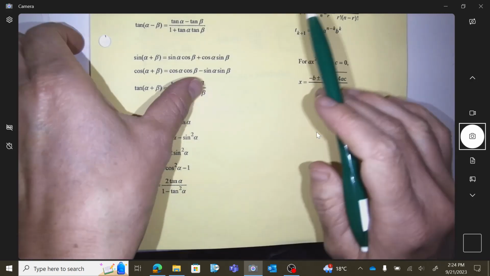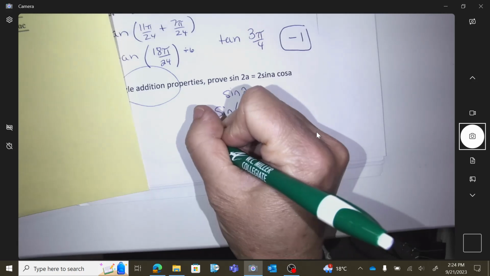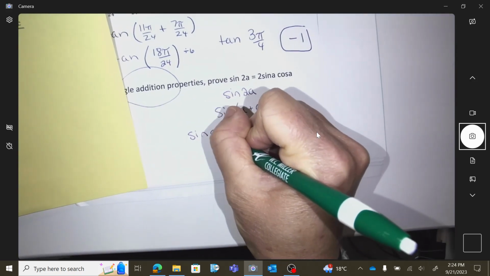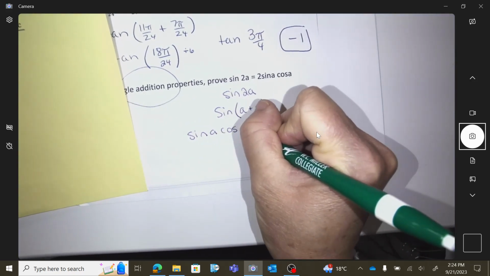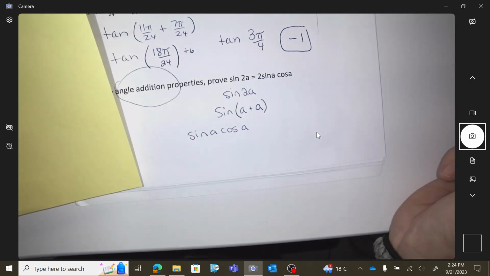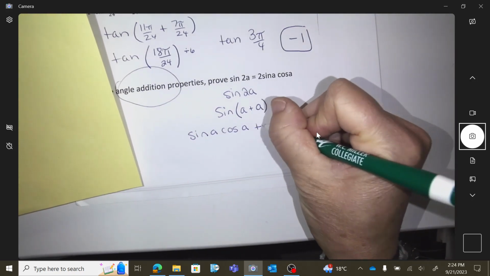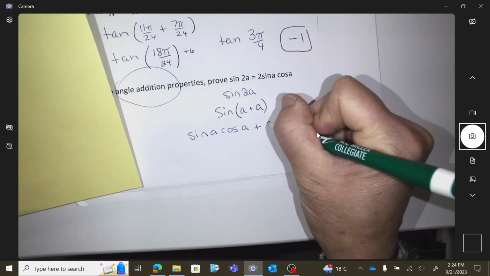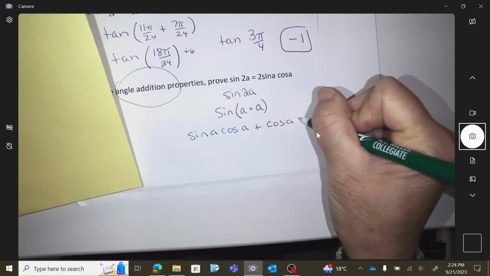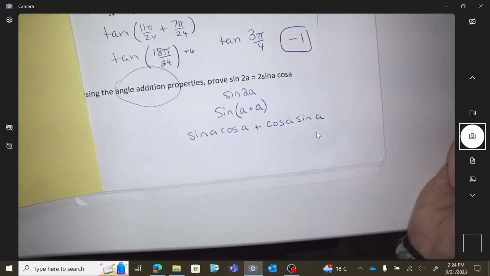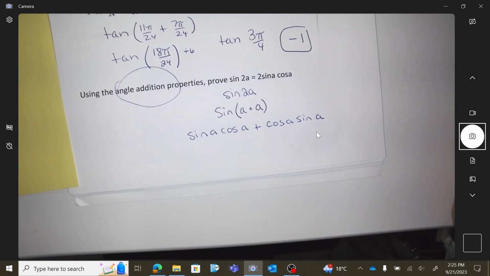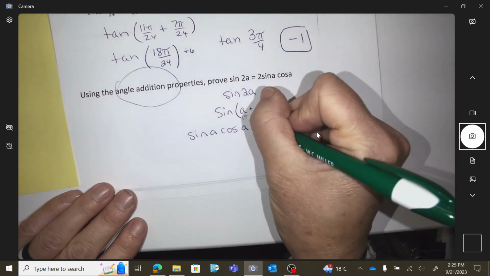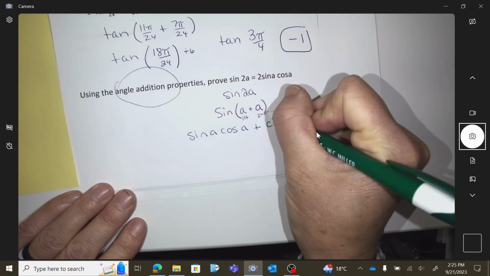So it would look like this. The sine of the first angle, the cos of the second angle, plus the cos of the first angle, sine of the second angle. Do you know what I mean when I say this is the first, this is the second?